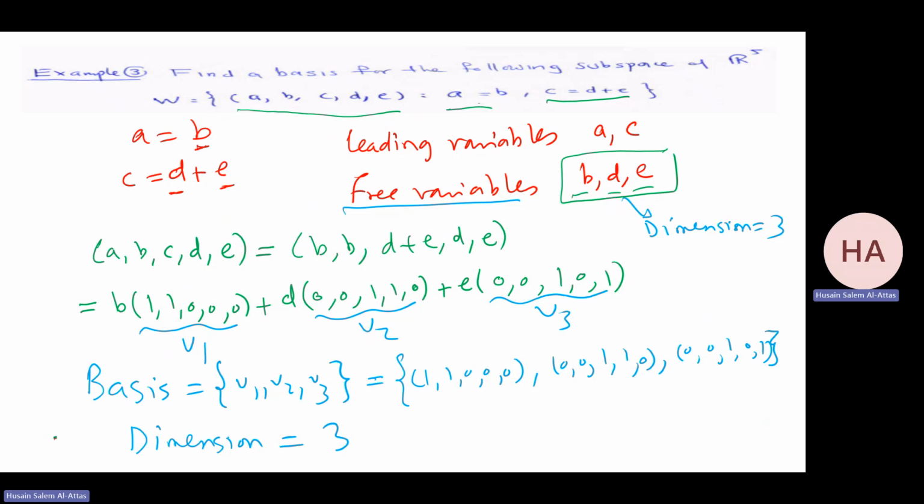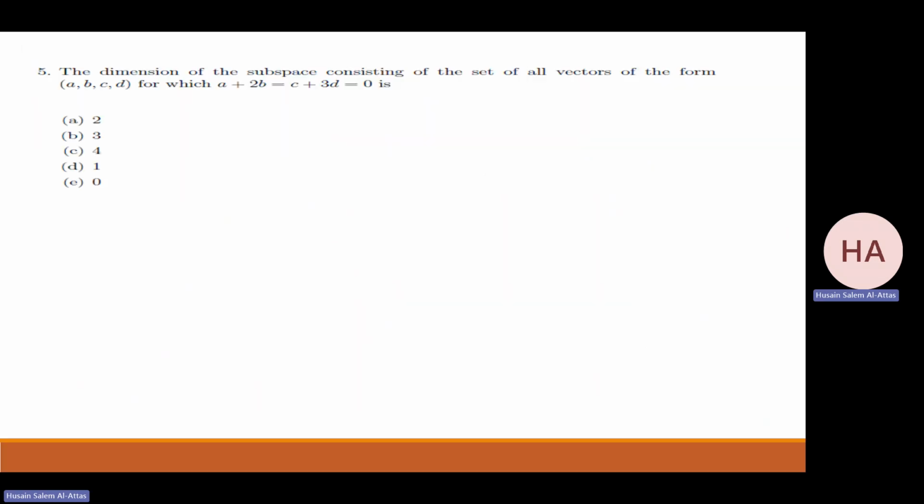Now let me move to the old examples. The dimension. He wants only the dimension. So I have this system, A plus 2B equals 0, and C plus 3D equals 0. I have the vector in R4, (A, B, C, D).